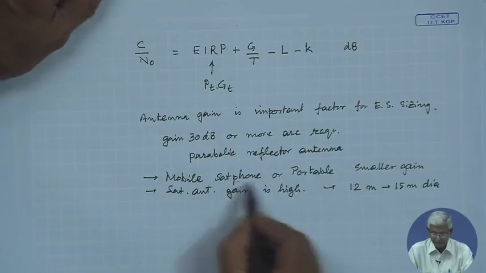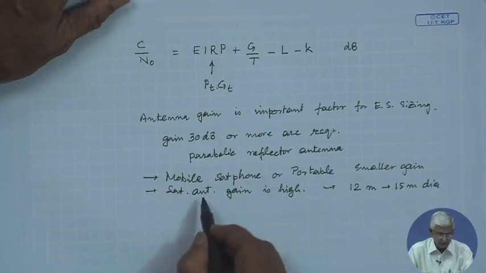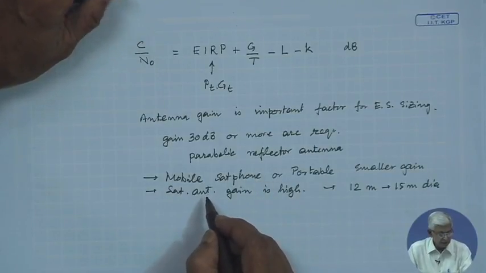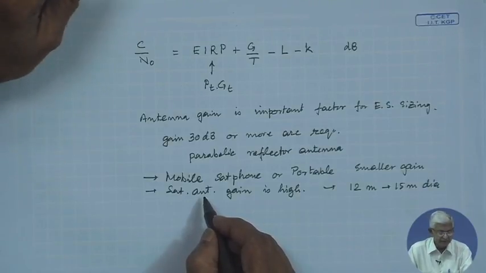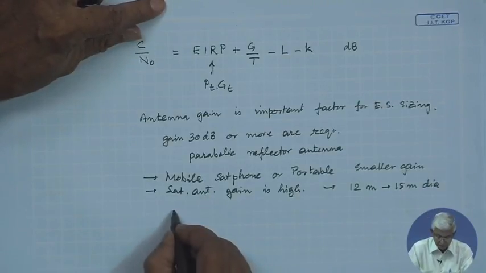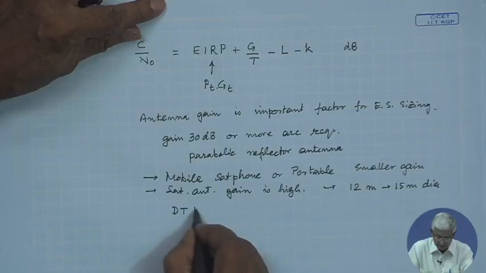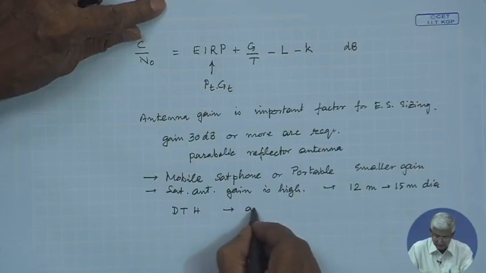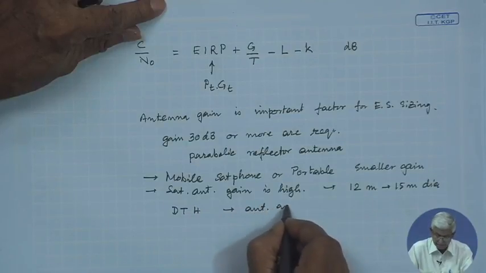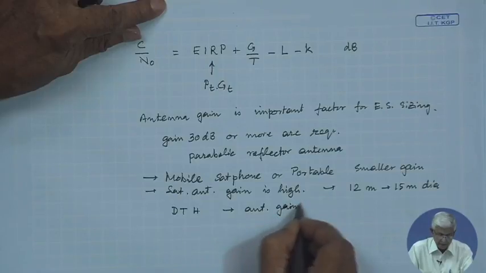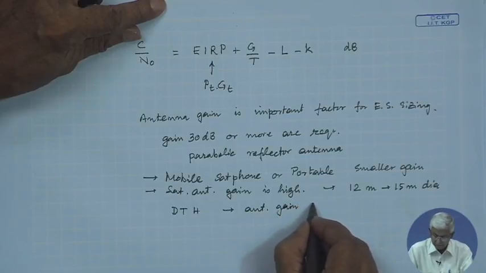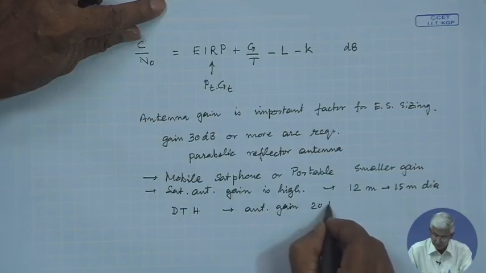So, those are very large antennas, very special purpose, mainly to provide the service to ground systems which have very small antenna gain. But generally we are talking about DTH and VSAT, where for the terminal, say DTH, antenna gain is much lower, of the order of 20 to 30 dB.